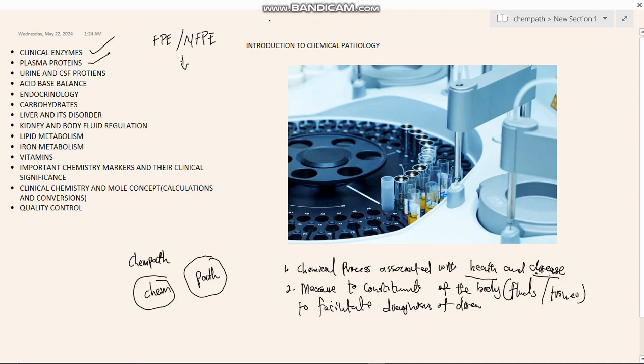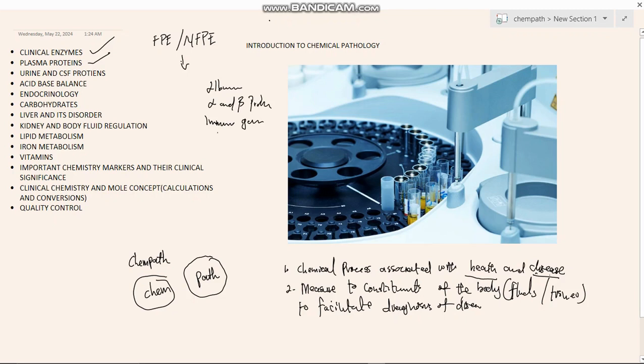Under plasma proteins, we can talk about albumin. We'll talk about albumin and then its clinical relevance. Then we'll talk about the alpha and beta proteins, then the immunoglobulins or gamma proteins.